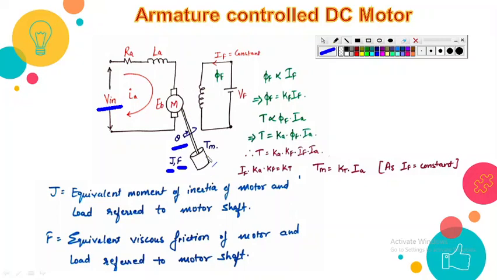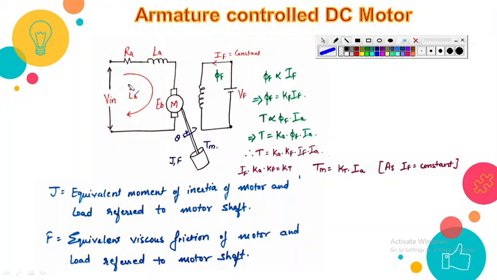That energy is converted into mechanical energy. How to move about it? We know the relations, and we have to find the relation between input and this theta value. So we'll move step by step.